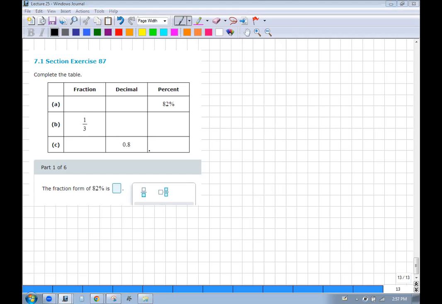Okay, this is going to be a lot of work. Let's see. 82% as a decimal, right? Well, 82% is 0.82. So boom, 0.82. How do we write this as a fraction? Well, we already did. It's 82 out of 100, right?